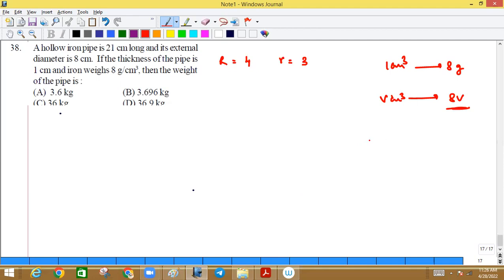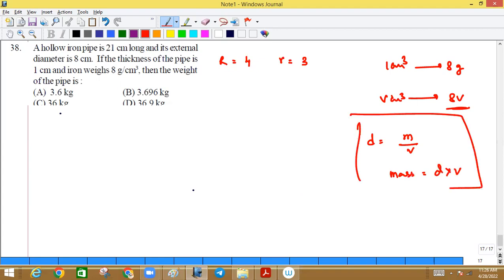Okay, see here, density is equal to mass by volume. Mass is equal to what? Density into volume. A little bit of physics. Mass is equal to density into volume. Density is given as what? 8. Find the volume, multiply with the density, you will get the mass, in terms of grams because it is given in grams.